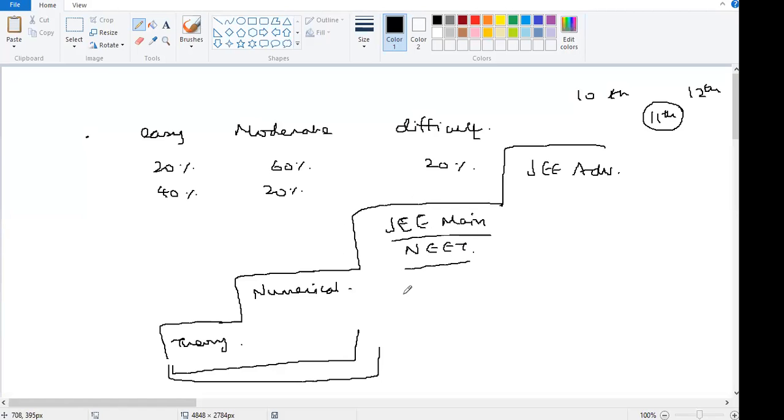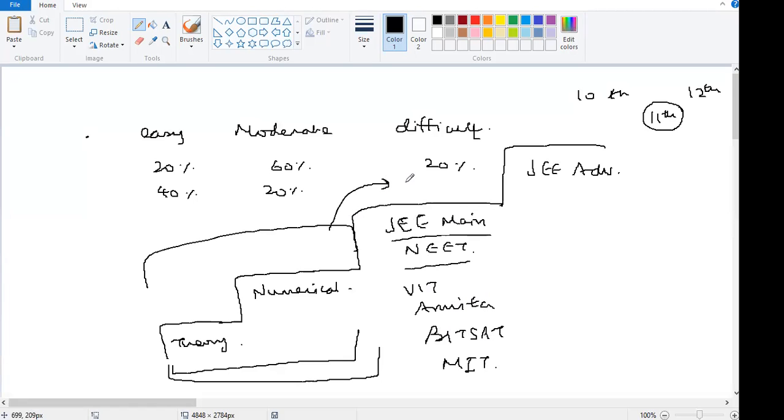When I say JEE Main, it includes VIT, Amrita, BITSAT, Manipal Institute of Technology, so MIT. All the other entrance exams are included. If you prepare for this, all the other things are included. Most of you, 80% of the students studying here, if you do this part very well, will be able to come to this level very easily.